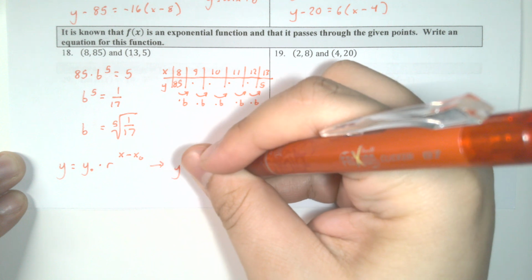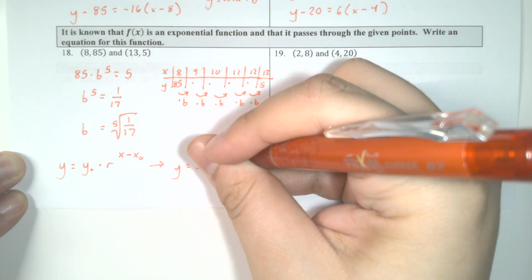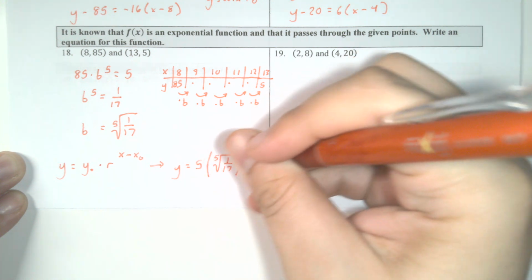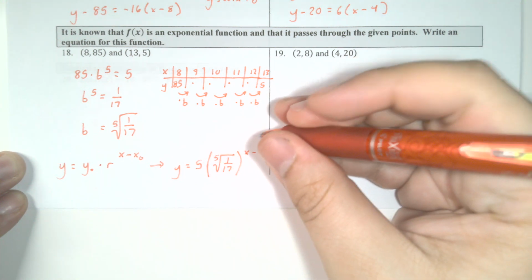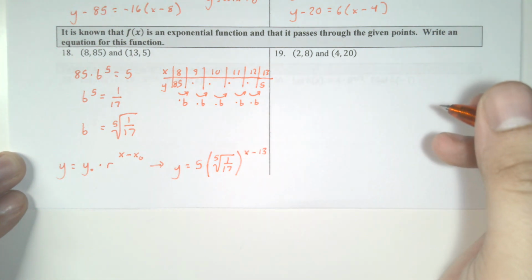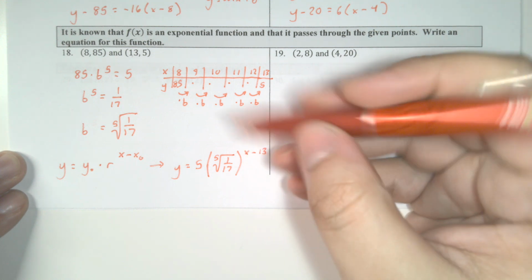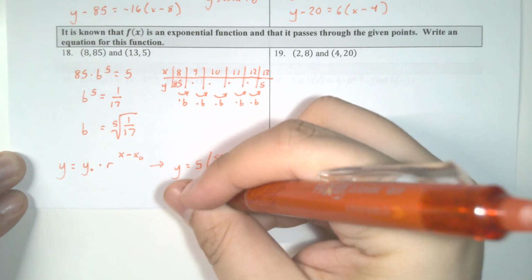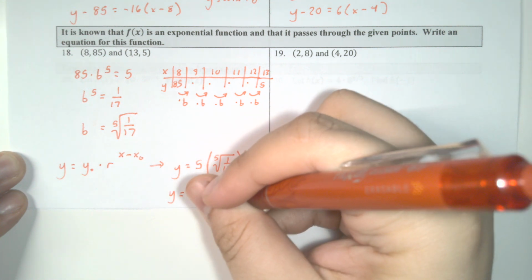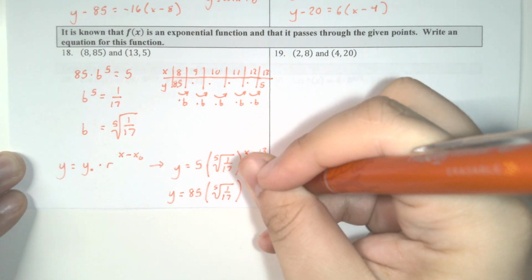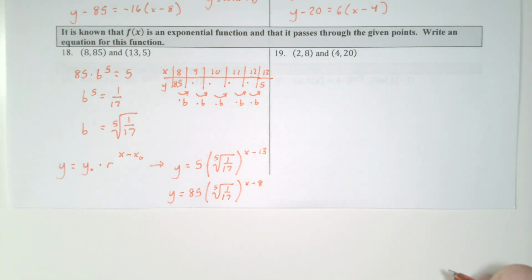So 5 times the 5th root of 1 over 17 to the power of x minus 13. And we can also use the other point, and we have y is equal to 85 times the 5th root of 1 over 17 to the power of x minus 8. And both of these formulas will work.